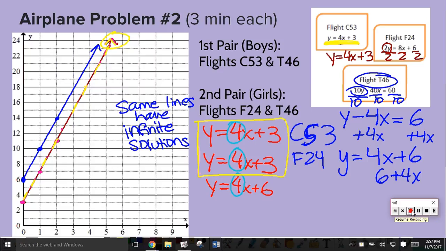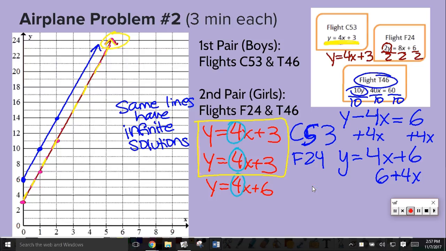What do you notice about flight F24 and flight T46? They have the same rate of change but different initial values. What two equations are they on the graph? What two lines? What colors?